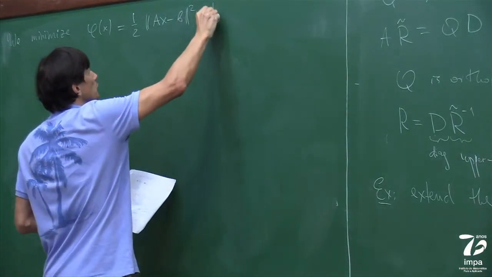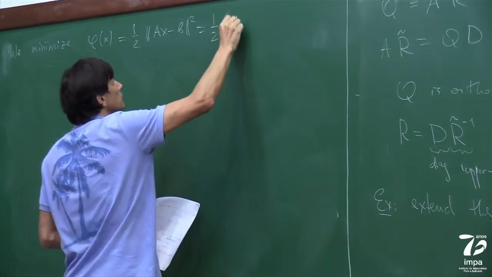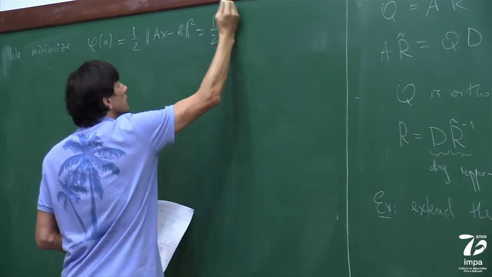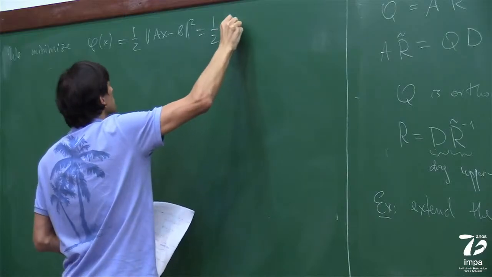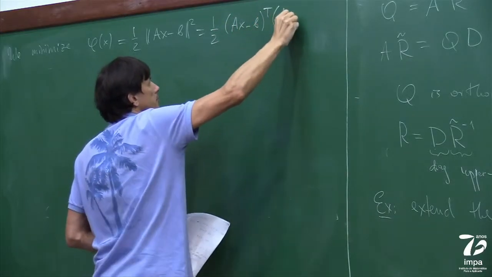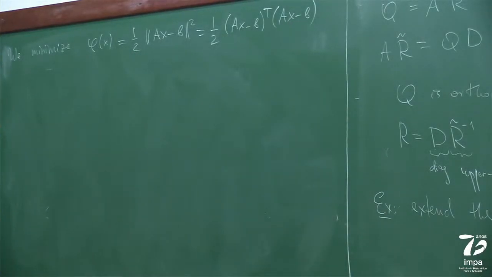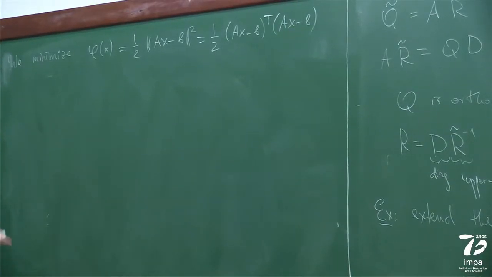Now remember this will be 1/2 of the scalar product, and a scalar product can be written as a transposed vector times the matrix times the vector.